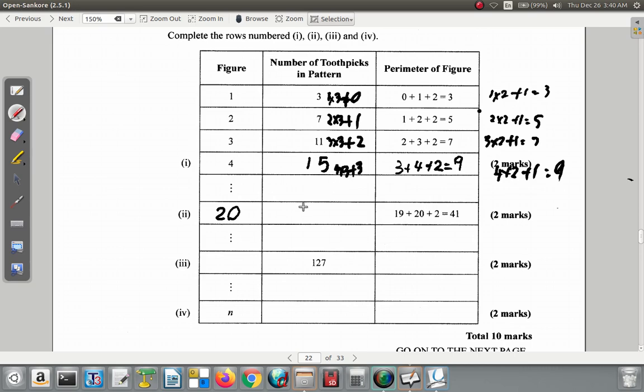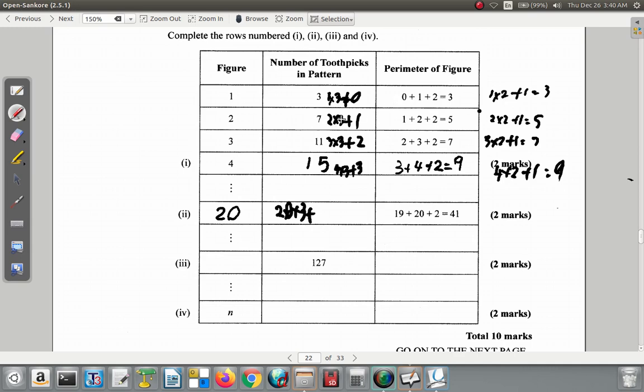It seems as if I could say 20 by 3 plus something. Plus what? Plus whatever would start these figures. Notice I just figured something out. If I multiply the figure by 3, plus the first number here.